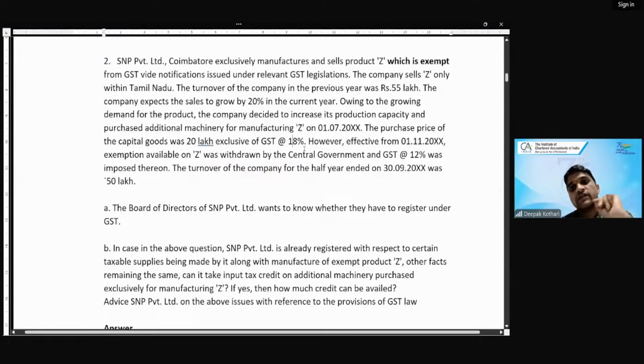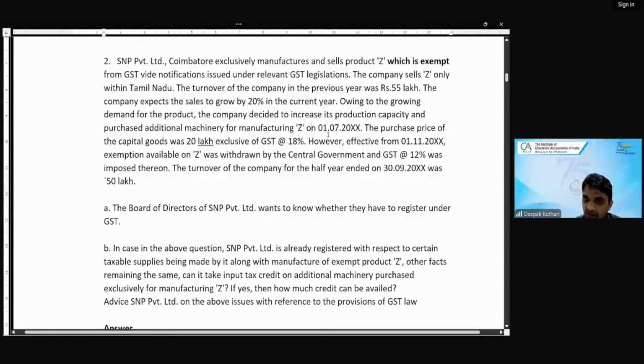So, whatever purchases he makes, 20 lakhs at 18% is 3,60,000 rupees. On this 3,60,000 rupees, he cannot claim the credit on 1st July. So whatever we have read in section 18, right? When a taxable good becomes exempted or when an exempted good becomes taxable. This is the second scenario where the exempted goods are becoming taxable.